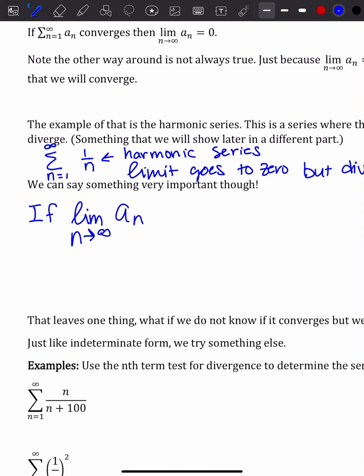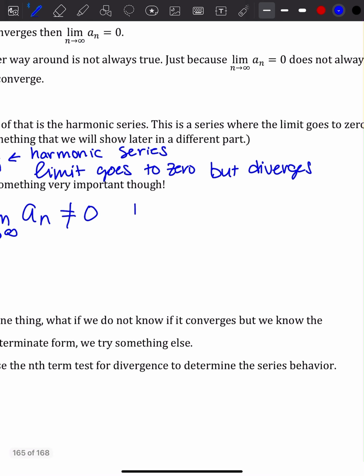is not equal to 0, so if our terms don't end up petering out to nothing, then we know one very important fact: our sum from n equals 1 to infinity of those sequence's terms is going to diverge.